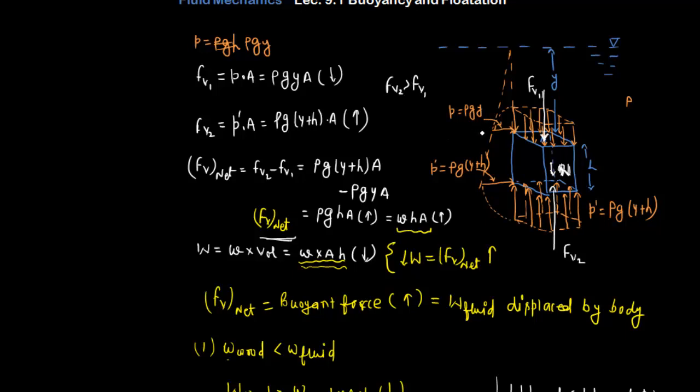In the same way, the lower pressure intensity also decreases, because here also y is decreasing. So both the pressure intensities on the top face and bottom face decrease, but the net value, that is FV net, remains the same.